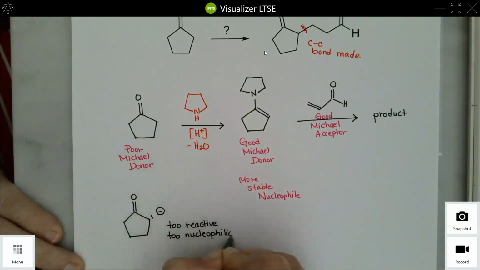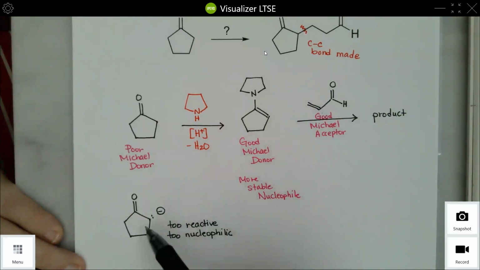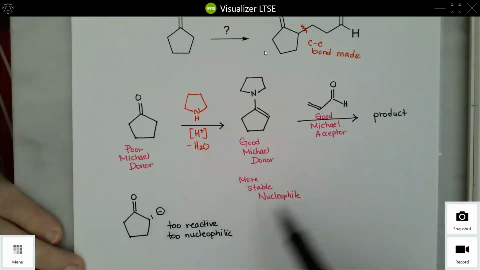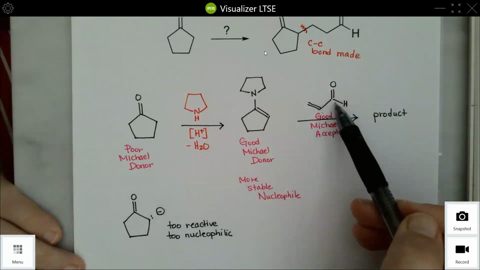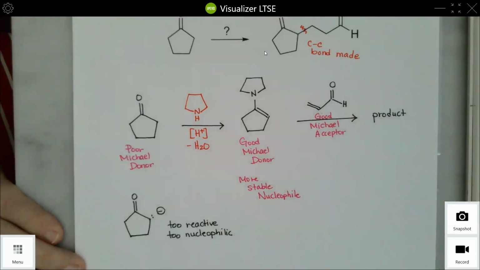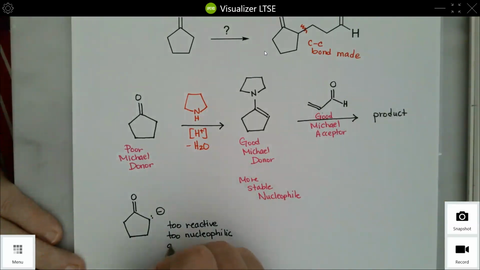And so then the problem is that it ends up not just doing the Michael reaction, but the nucleophilic carbon can also directly attack the aldehyde carbon or the ipso carbon. So it ends up giving a mixture of products.